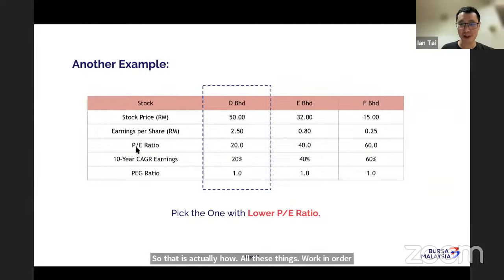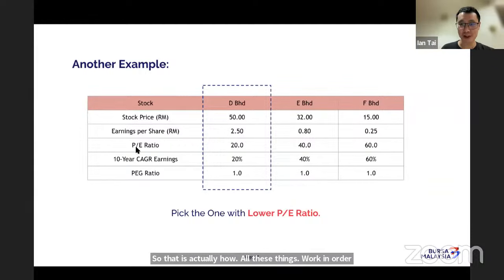Last but not least, I'm going to just share with you guys some examples of stocks where CAGR cannot be calculated nor applied. Let's take a look. The first one is a company that looks like this, something like B Berhad. So B Berhad is a type of company whereby some years very profitable, some years not profitable at all.